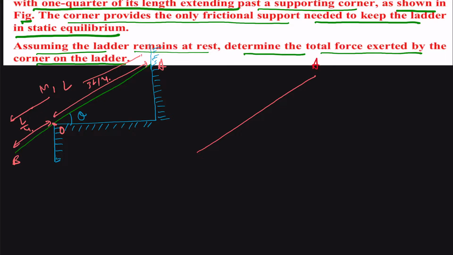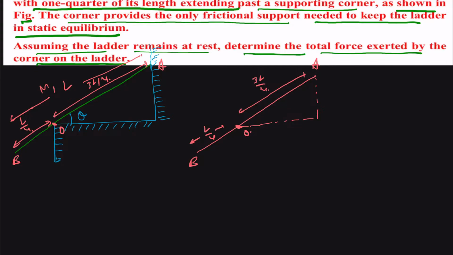This is our point A, point B, and this is our point O, and this length is L by 4 and this length is 3L by 4.